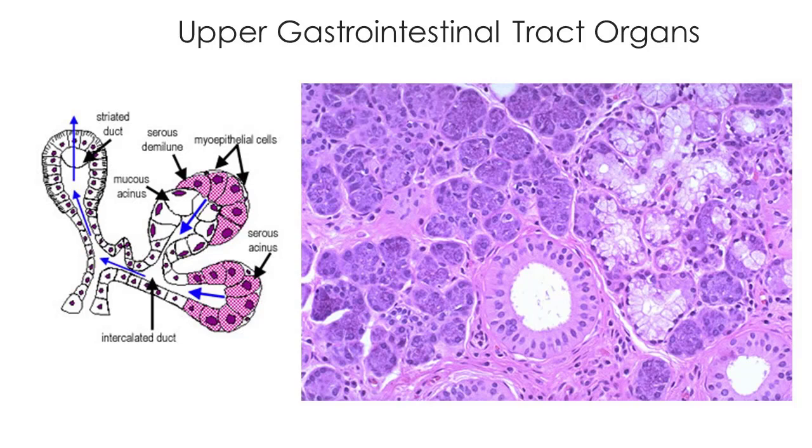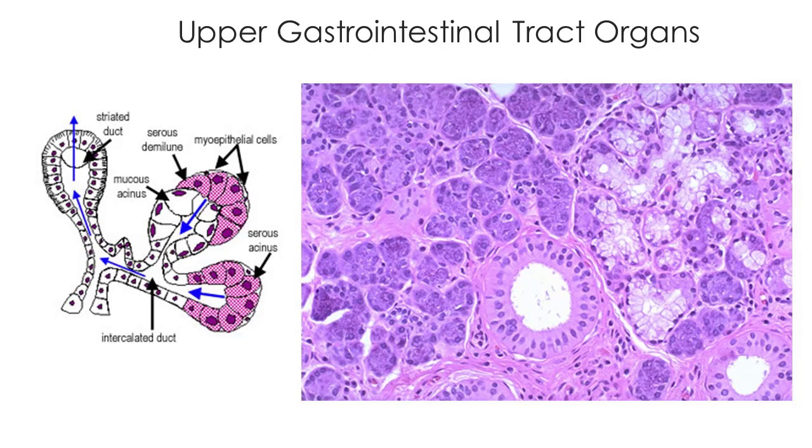And what's interesting is these cells make a half moon shape. This almost looks like a crescent moon. So these are referred to as a serous demilune. What does demilune mean? It's a half moon. So this is kind of a mixed acinus or a mixed gland, versus this is a serous gland, and this would just be a mucus gland.